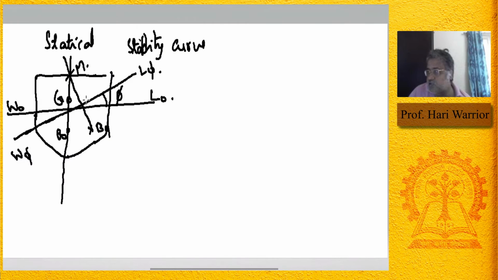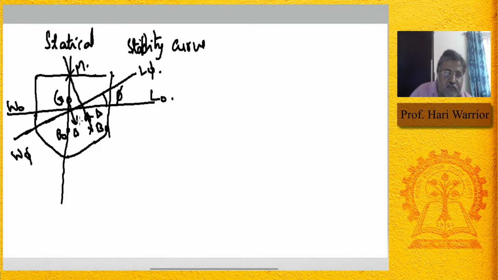Okay, this we know. Now what is our final state? The weight, delta, is acting vertically downward at G, and at the center of buoyancy the upthrust, which is equal to the weight, delta itself, is acting upwards.